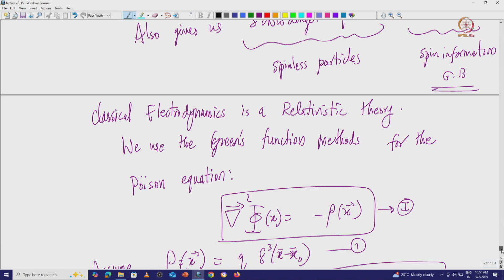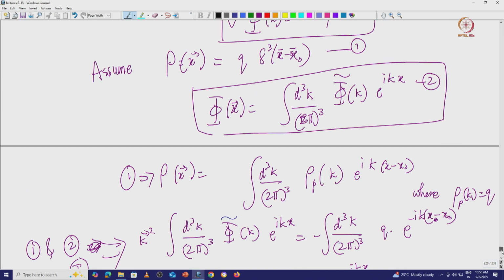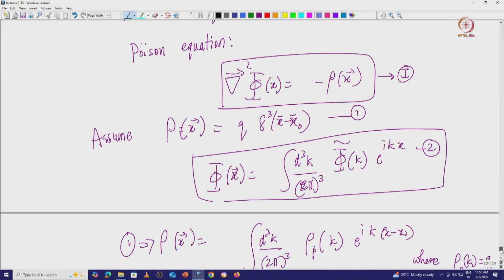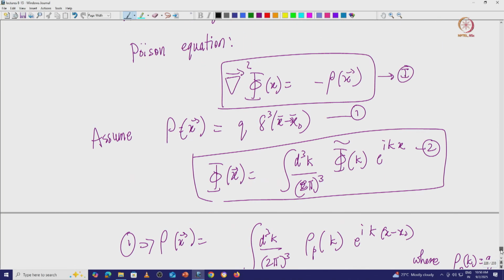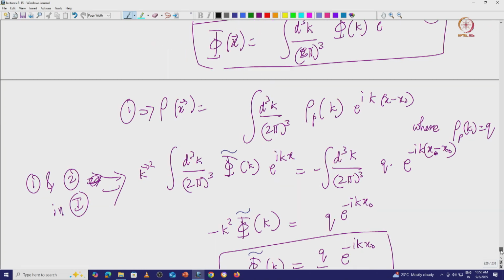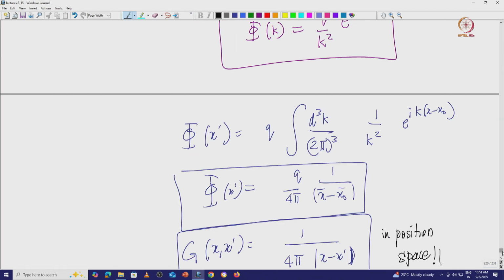In this case, there is a 1 by k square term, that should be a k bar square. Where is this? This is k bar square essentially.